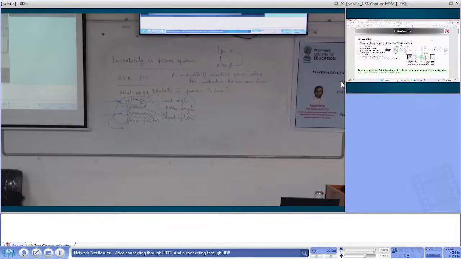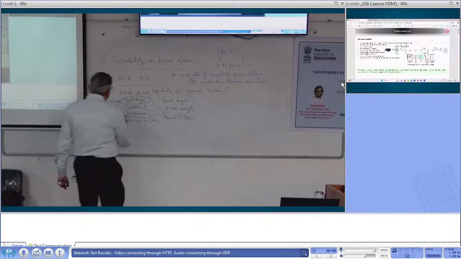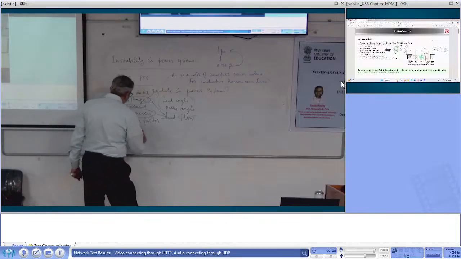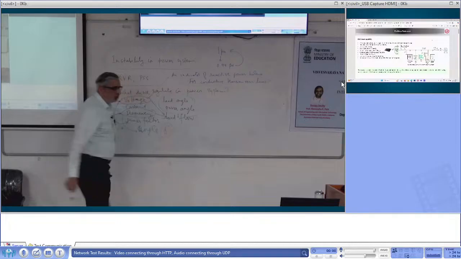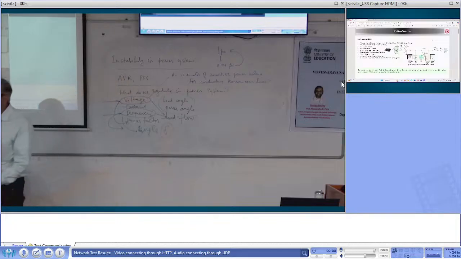Okay, so if you break it down to load, this angle delta, which you relate to the real power, then it all breaks down. If it is a resistive line, delta gets related to reactive power and voltage gets related to real power.